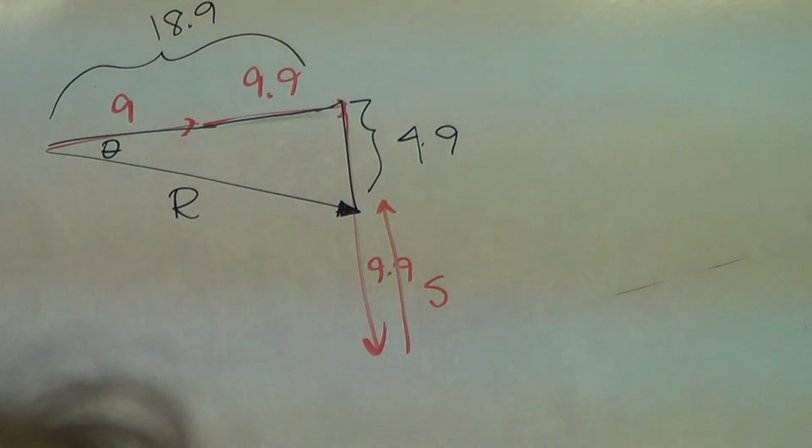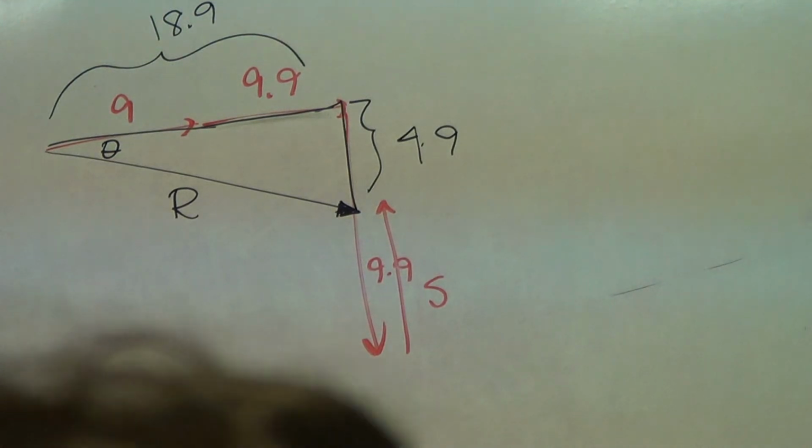Okay, so you went down first and then to the right, which you could still find that theta, but you'd have to add it to 270.